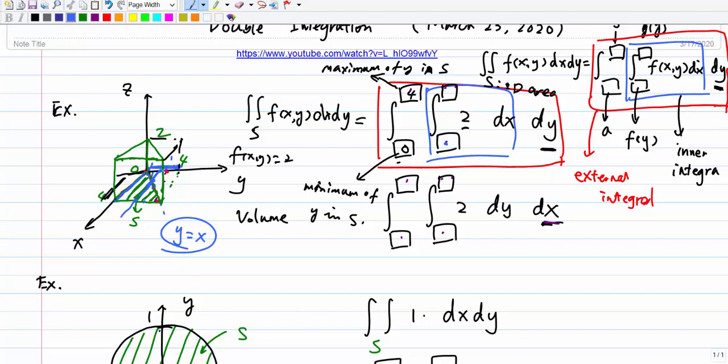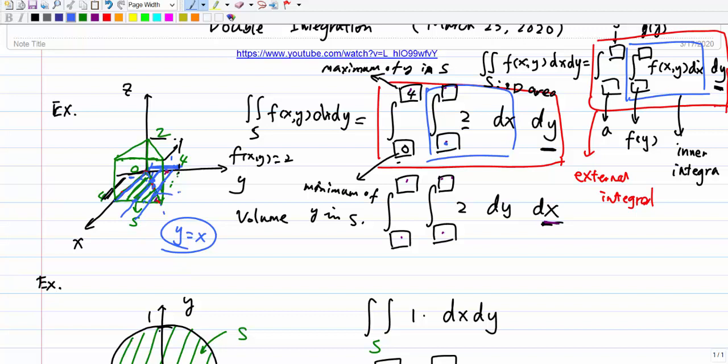But if y starts from 1, for example, because this line is y equals x, when you project onto x, your x will start from 1 and go until, of course, 4. So as y changes, when y is a constant and this line crosses this area, you get a different starting and ending point.